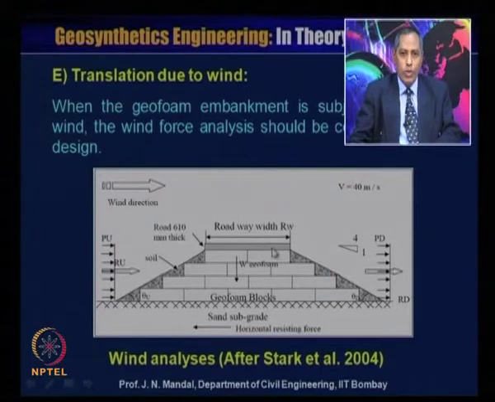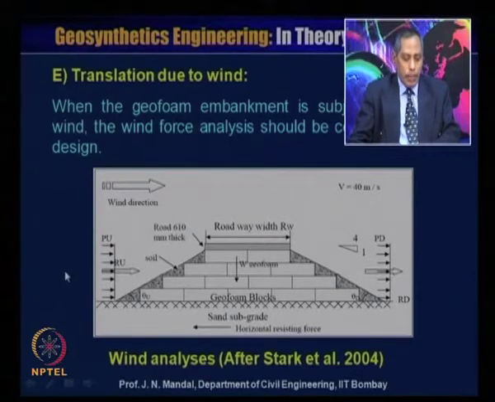This is the road width, which is called R of W, and this is the horizontal resistance force, because the wind force is acting along this direction with a velocity of 40 meter per second.